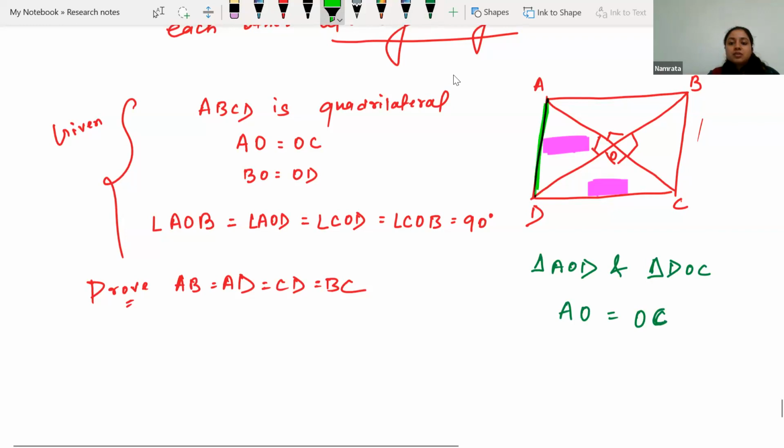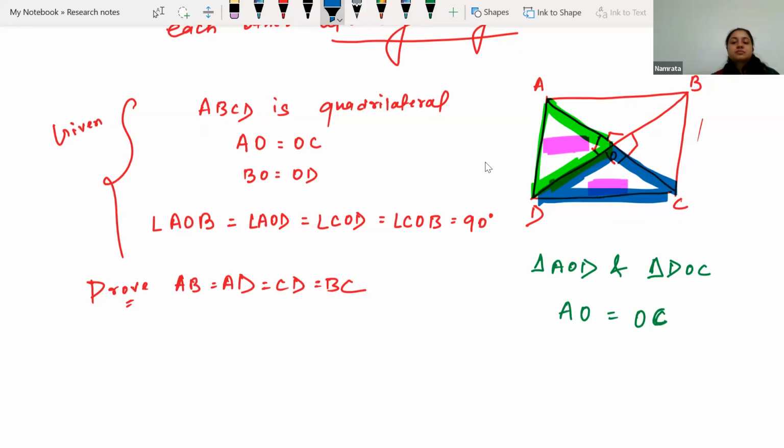I'm talking about this green triangle and this blue triangle. So we know that AO and OC are the same. What else do we know? We can see one common side is there. Can you see?